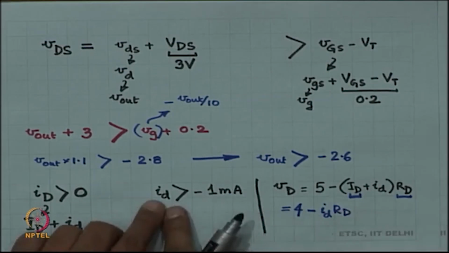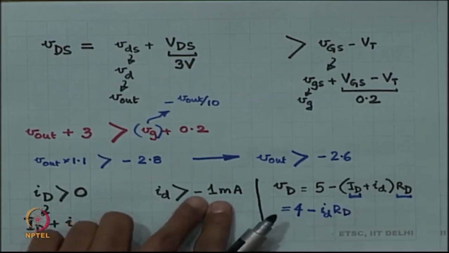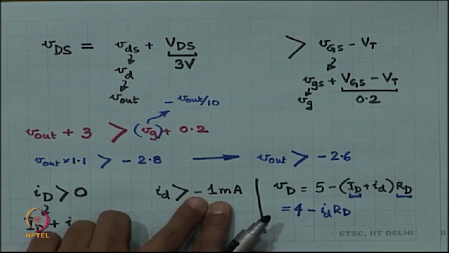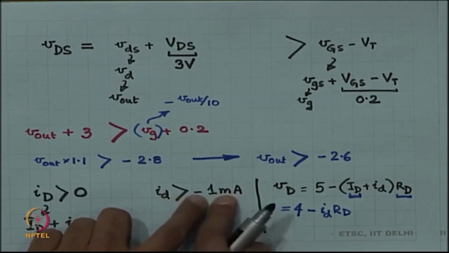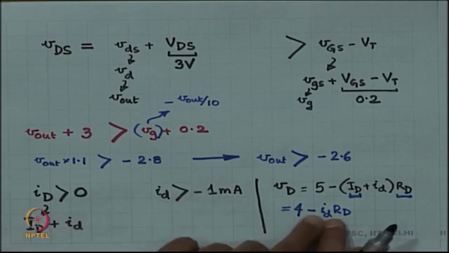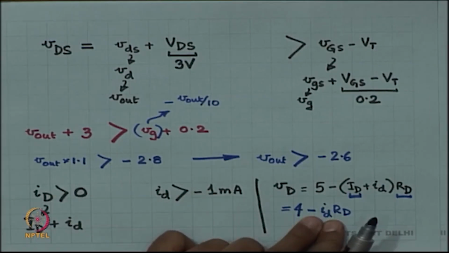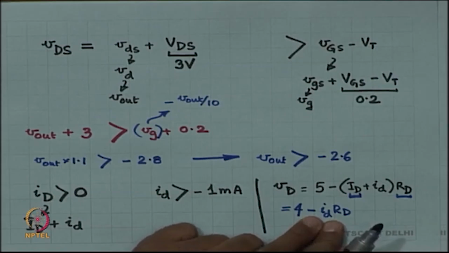And small ID has a limit that it has to be more than minus 1 milliampere. So, what does that mean? The minimum value of small ID is minus 1 milliampere. So, the smallest value of small ID is minus 1 milliampere.